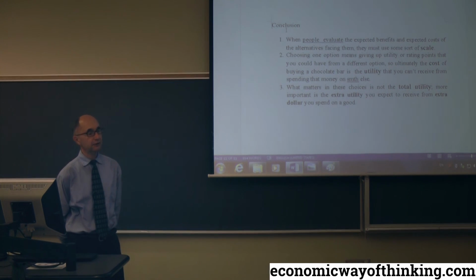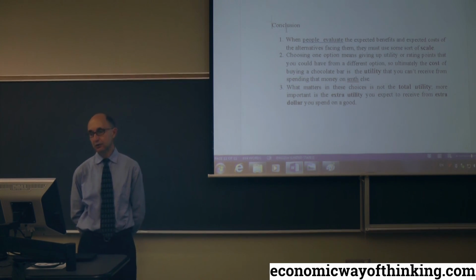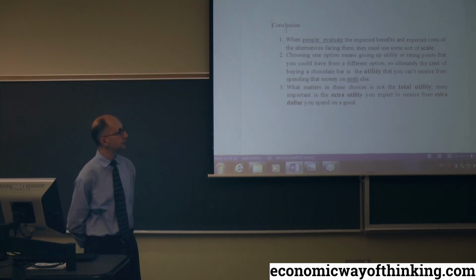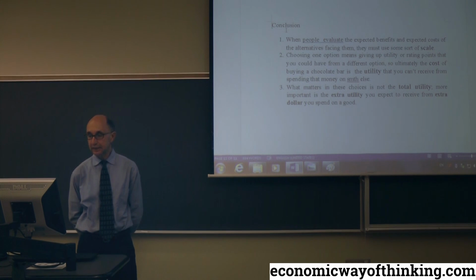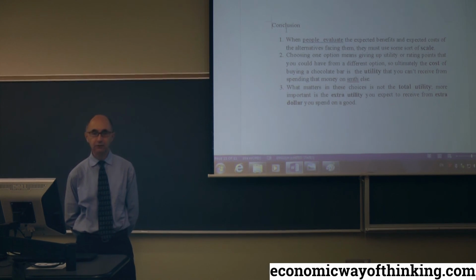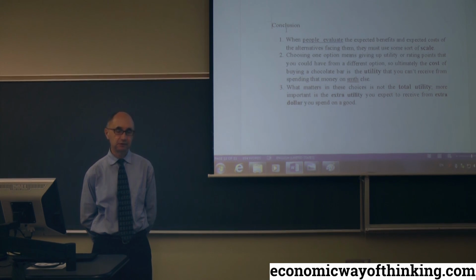And if you look carefully at our discussion, you would note that what matters in these choices between alternatives is not the total utility. More importantly, it is the extra or marginal utility that you expect to receive from each extra dollar you spend on a good.